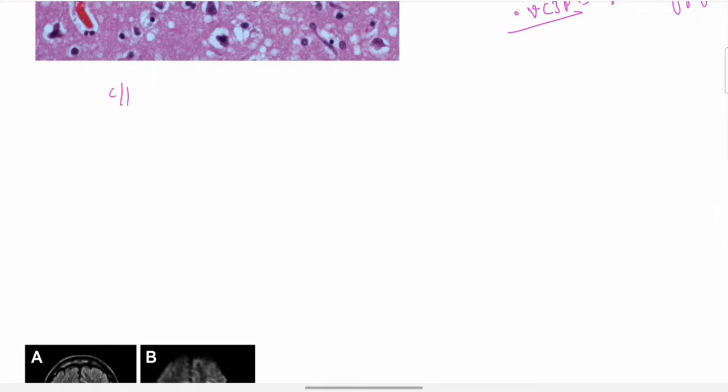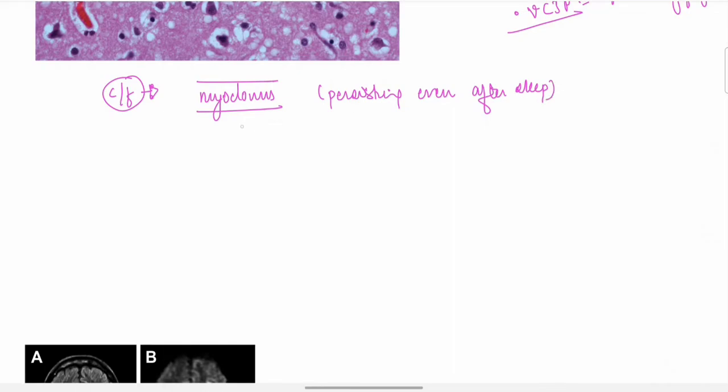Now, how will the patient present to you? Clinical features. The patient will present with myoclonus. Myoclonus in this disease is very specific. Myoclonus persists even after sleep, and is also known as startle myoclonus. Involuntary jerks are there.